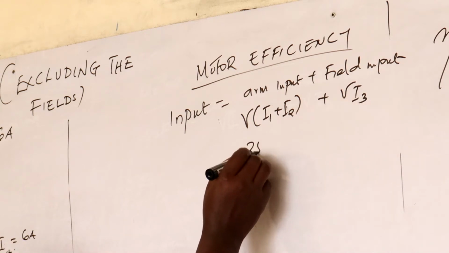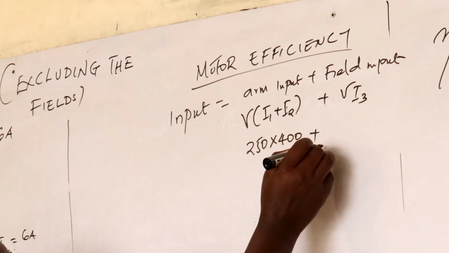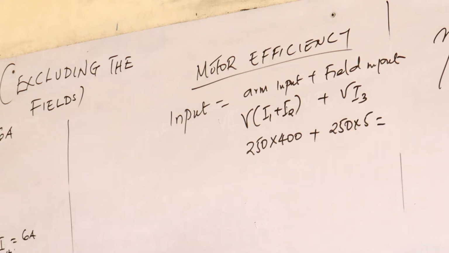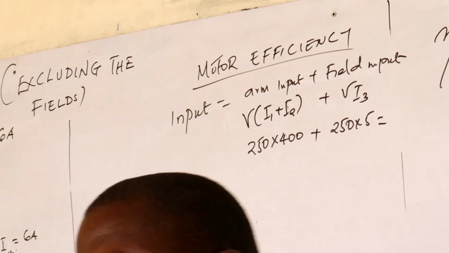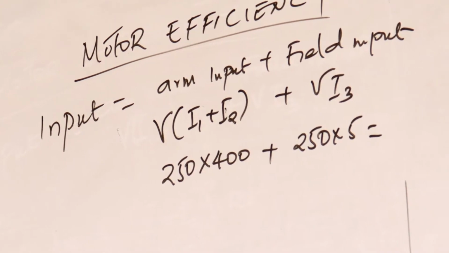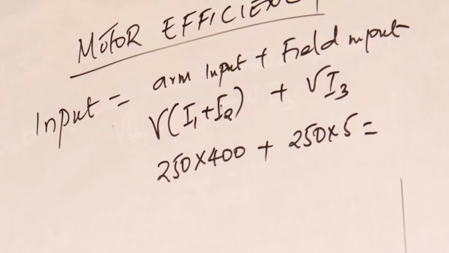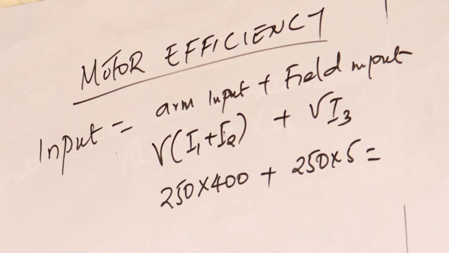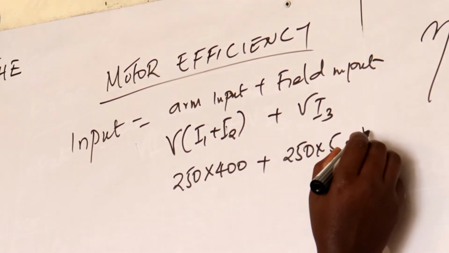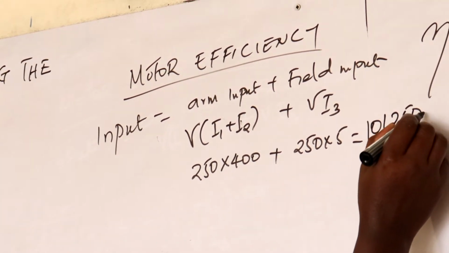So we are talking about 250 times 400 plus 250 times 5 is the total input to the motor. The rest we have because we now have all the losses.